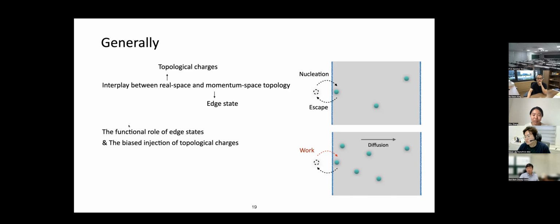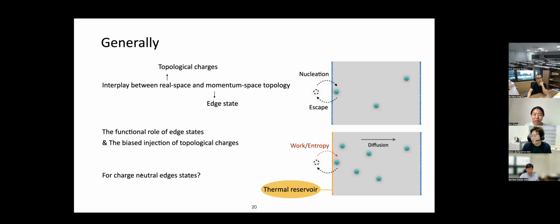But not all edge states are charged. So in some cases, we cannot rely on a voltage to bias our edges. So let's imagine charge neutral edge states. Actually, a more general scheme is to use thermal effects.